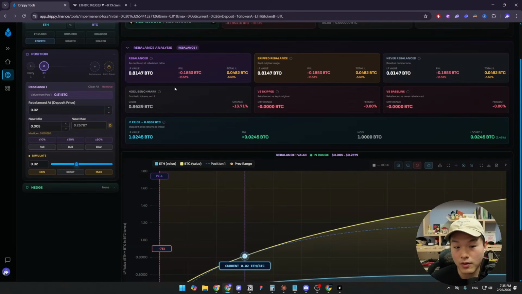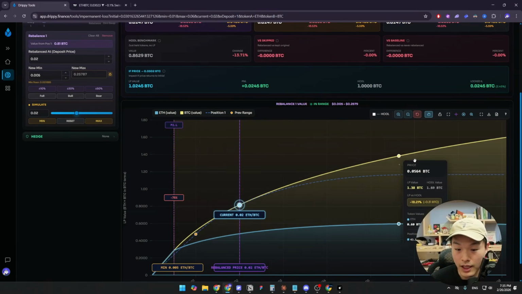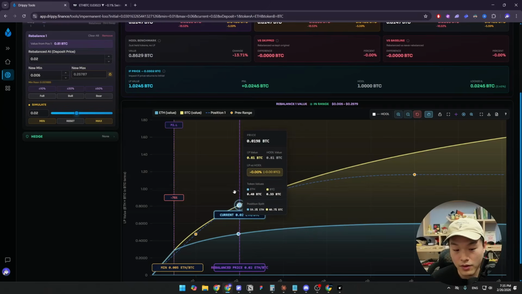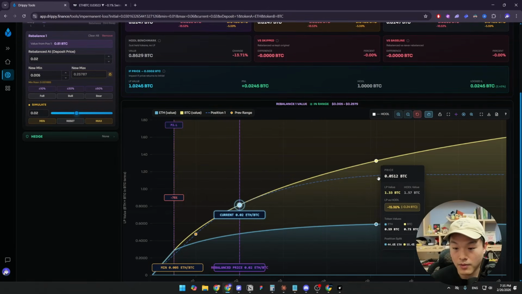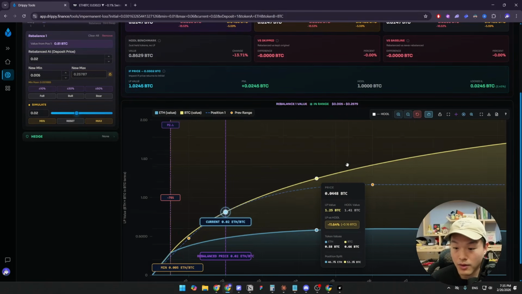And what you will notice here is if prices do bounce back to our original entry, you would actually gain a little bit of profit, about 2.45% of profit. And you can see the equity curve here. Since you expanded the range, you're going to notice that you're losing value a little bit slower compared to the blue dashed line, and you are gaining value a little bit quicker with a wider range.